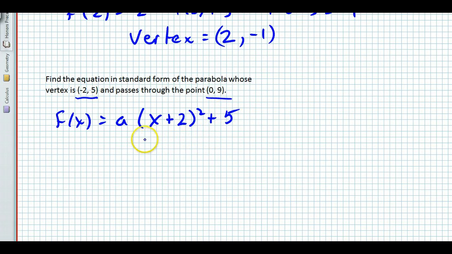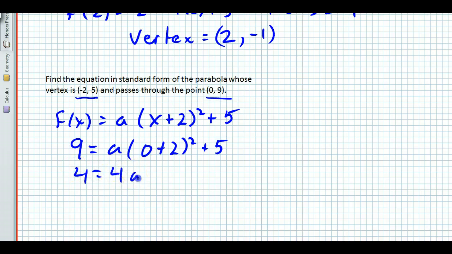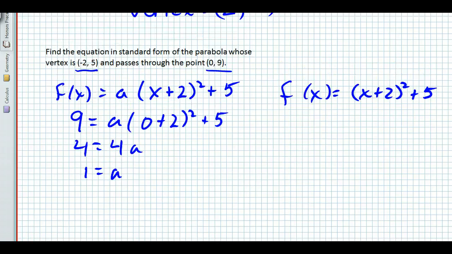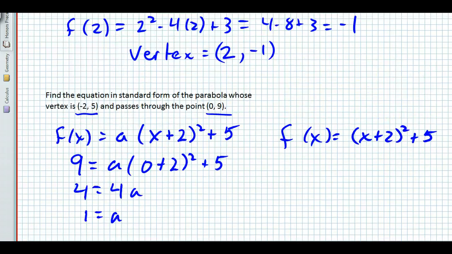So we need to find a. Well, I know that when x is 0, f of x is 9. So 9 is going to equal a times 0 plus 2 squared plus 5. Subtract 5 from both sides, and I get a is 1. So now we have our equation. F of x equals 1 times x plus 2 squared plus 5. And that's how you work with quadratic functions and parabolas.